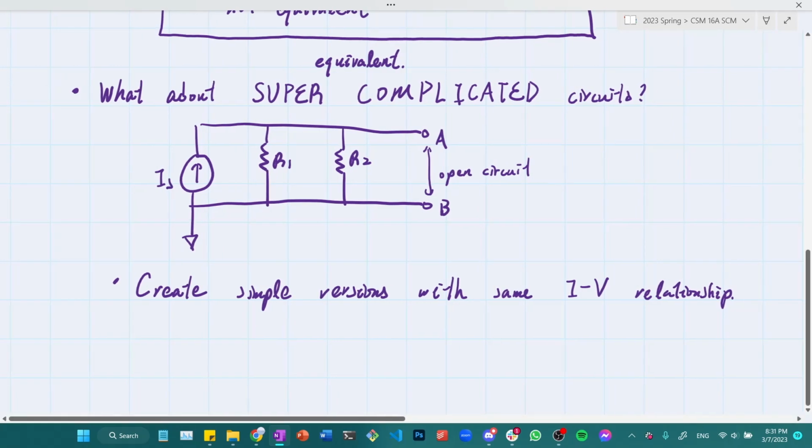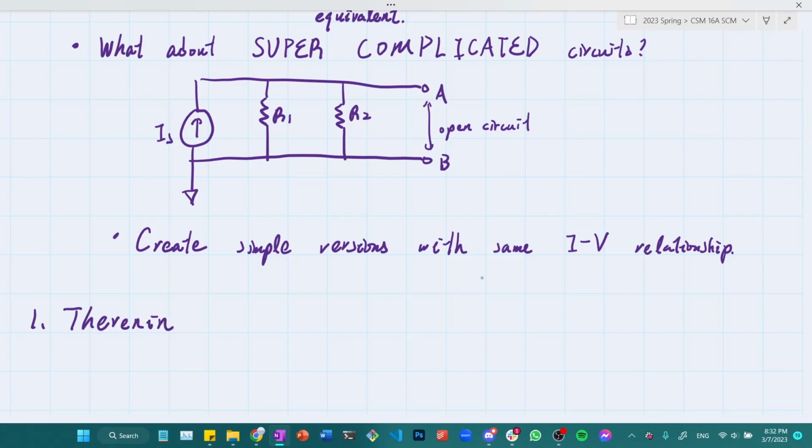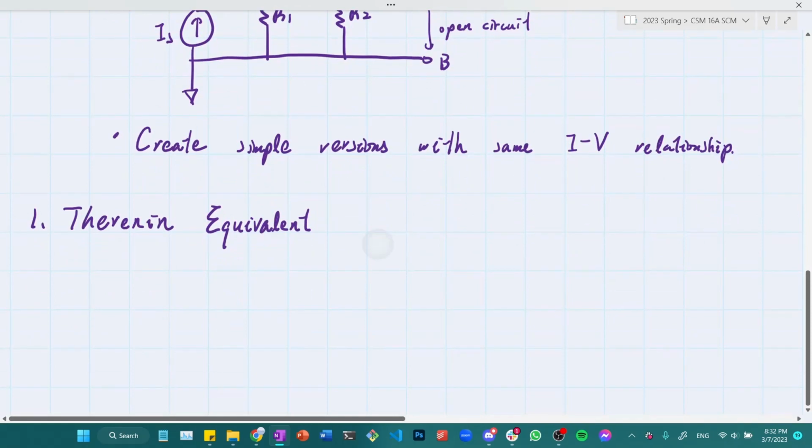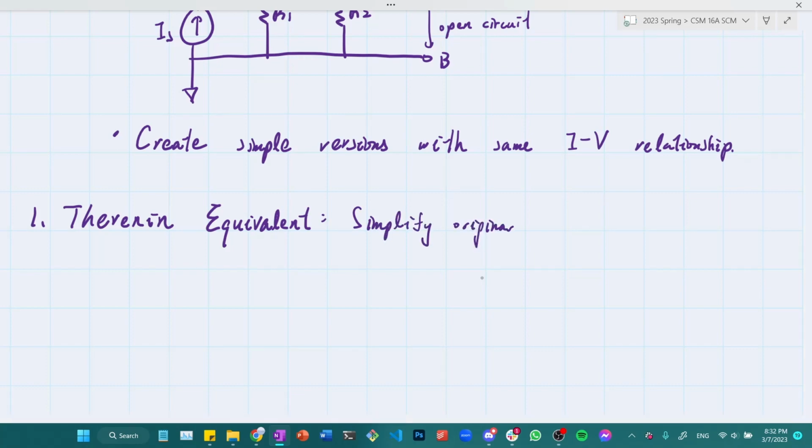There are 2 general ways, or 2 general simple versions that we can put circuit structures in. The first version is called Thevenin equivalent. So this is where nouns from lecture are going to start coming back. If we're working with the Thevenin equivalent, then we're going to simplify the original circuit into the following structure.